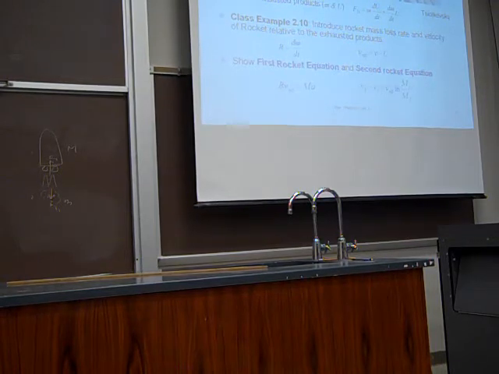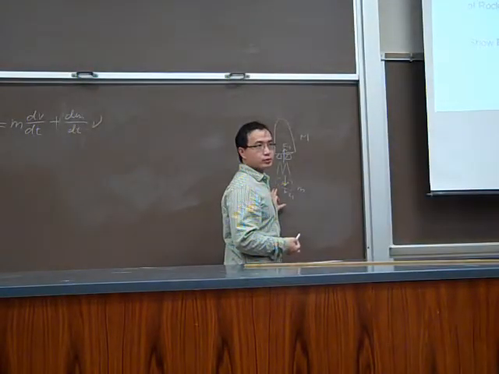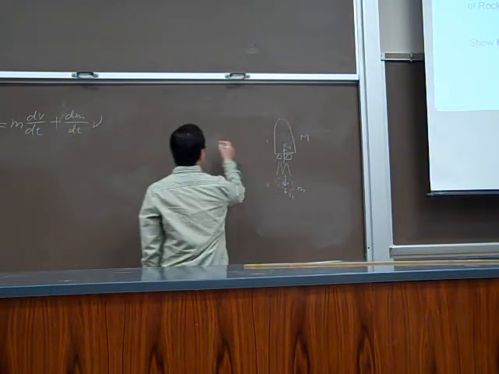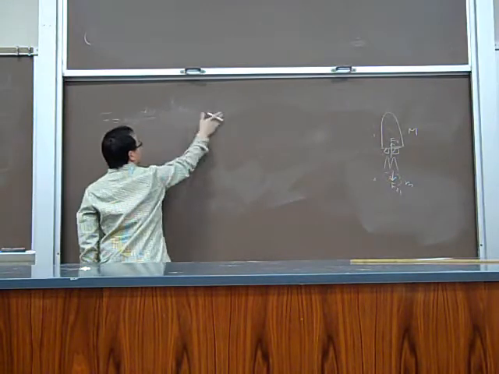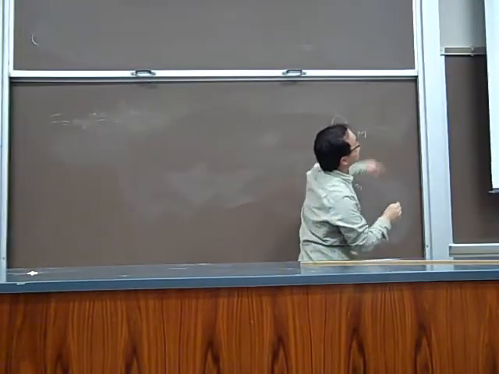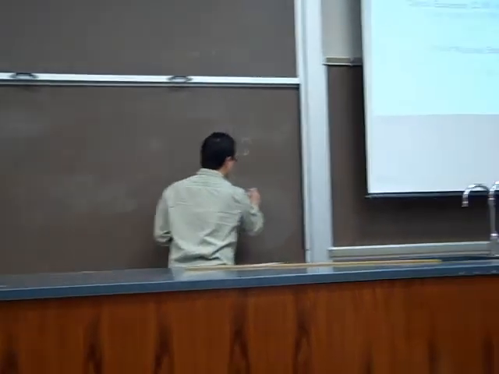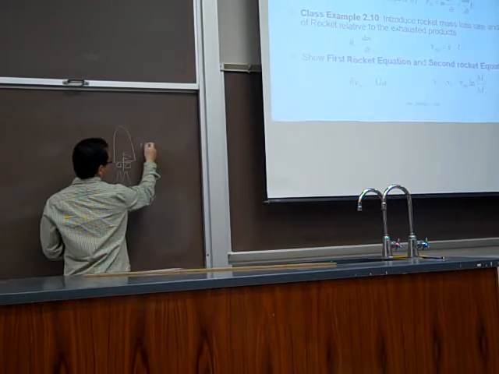So we can write down Newton's second law for both the rocket and the exhausted material, the exhausted product. For the velocity here, let's use small v for the rocket, and for this one, we use capital V. It's just some convention.